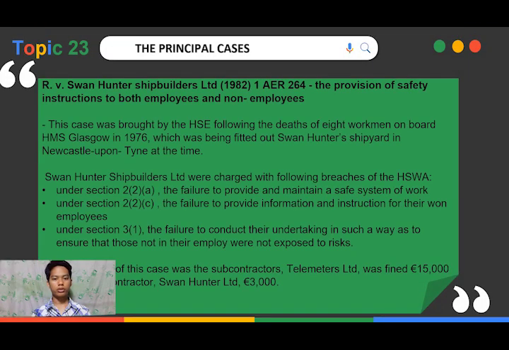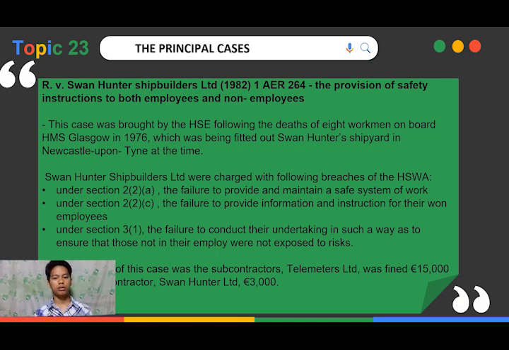So next is R v. Swan Hunter Shipbuilders Ltd 1982 1 AER 264. The provision of safety instructions to both employees and non-employees.